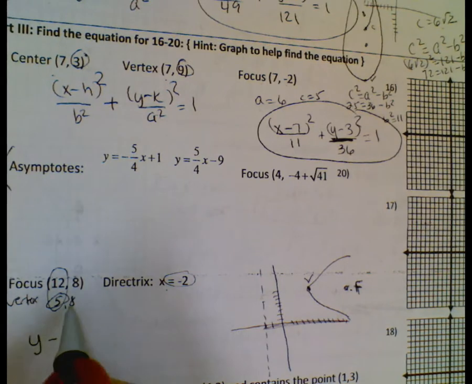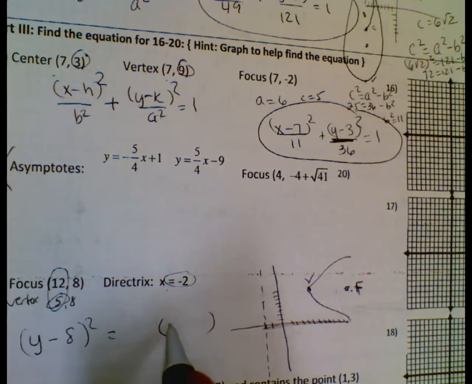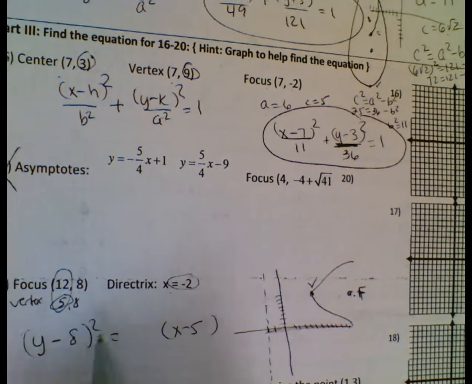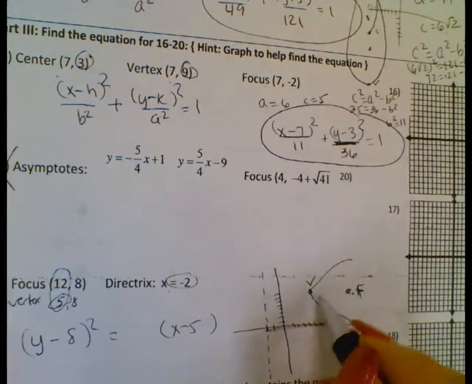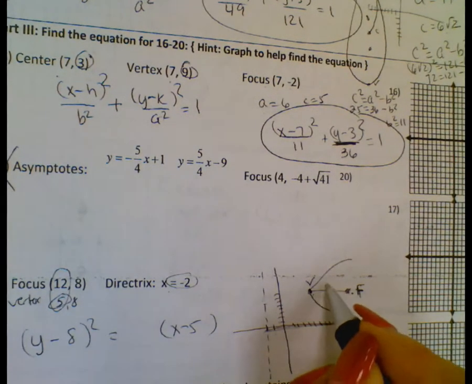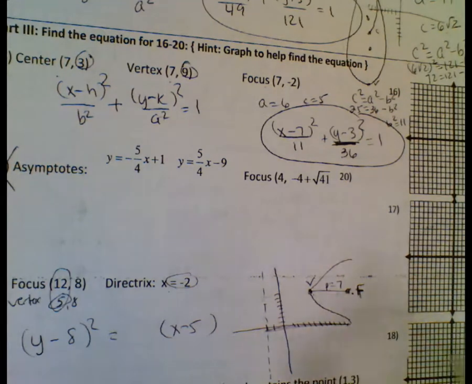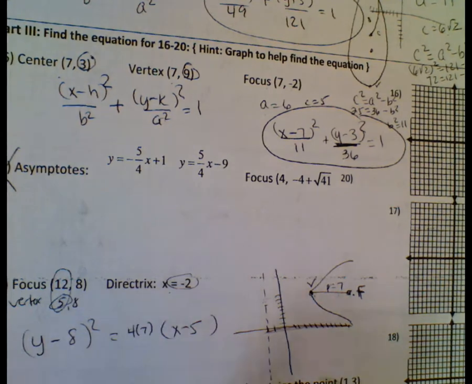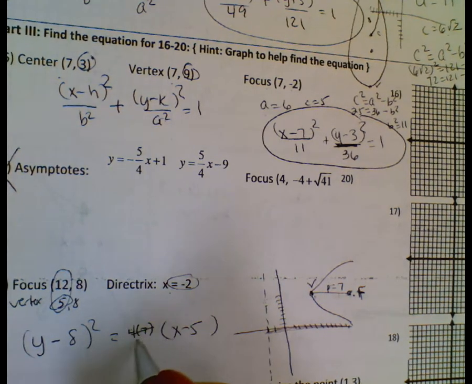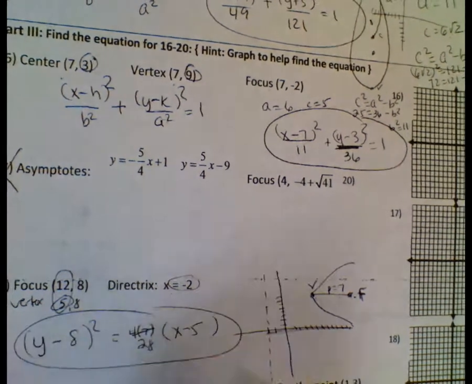Y minus the y coordinate of the vertex, which is 8, squared, and then x minus 5. Now the distance from the vertex to the focus, which we've already discovered, is 7. That is your p. P is 7. It's going right. So this is 4 times p. 4 times p is 4 times 7, which is 28. So that's your answer.